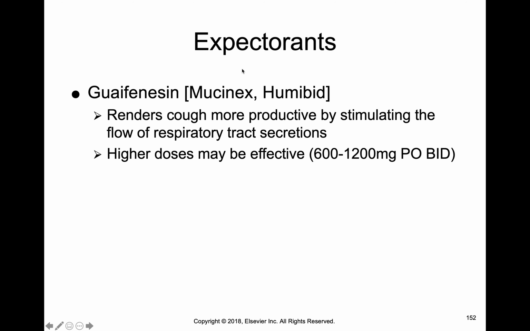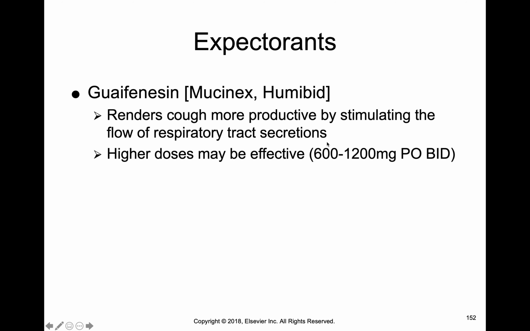Then you have agents called expectorants. I honestly don't really know if these are effective or not. Guaifenesin being pretty much the only agent, and it's available over the counter as Mucinex. This is for those people who have a productive cough. If you have a cough with mucus or postnasal drip and you want them to be able to cough to get the stuff out, these expectorants help thin the mucus, right?